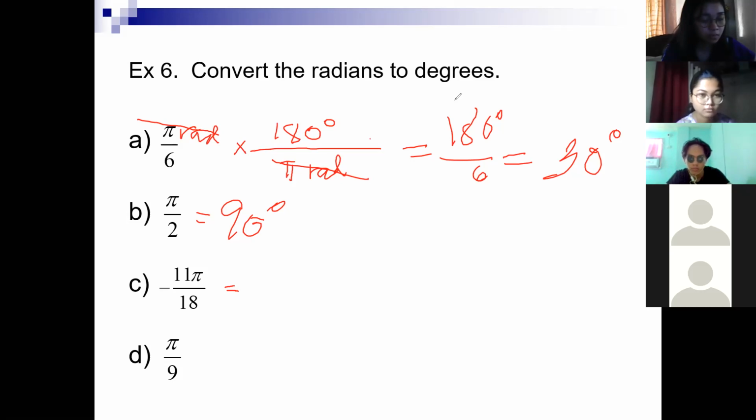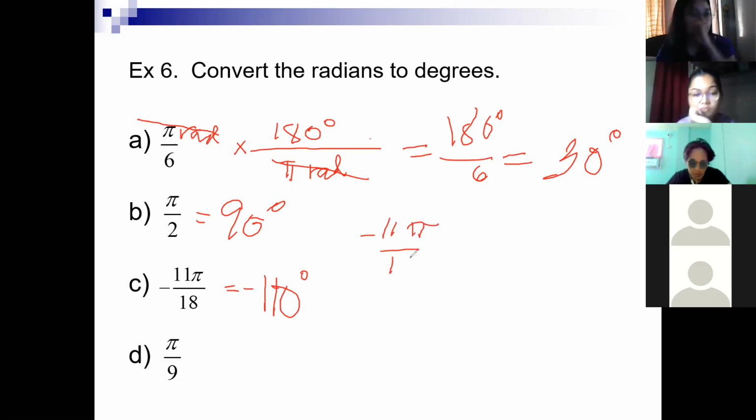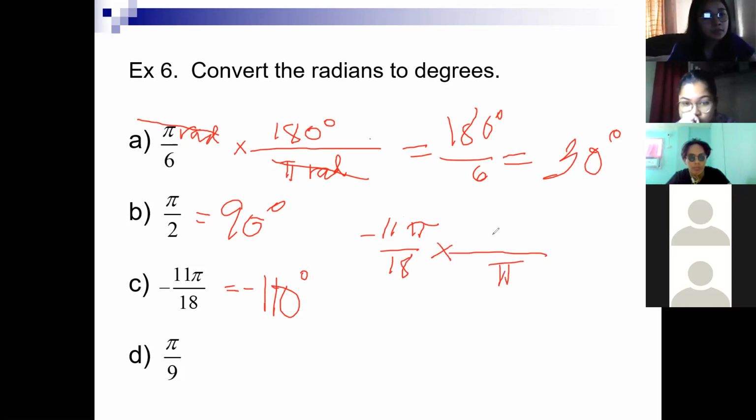Very good, negative 110 degrees. So how did we do that again? If you wish not to include the pi word, you can have it like this. 11 pi over 18 multiplied by 180 degrees over pi. So just cancel the pi, class. It's just as if multiplying the fraction by 180 degrees to get the degree measure.